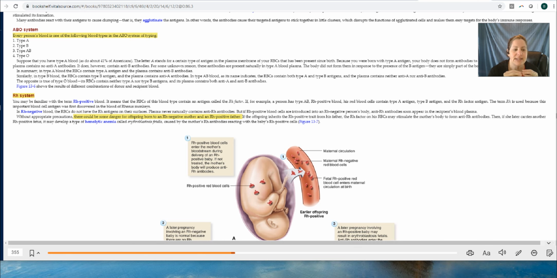And the biggest problem of this RH is pregnancies. If you have an RH negative mother and an RH positive father, and the creation of their baby creates an RH positive baby, you now have a negative mom with a positive fetus. That's a problem.